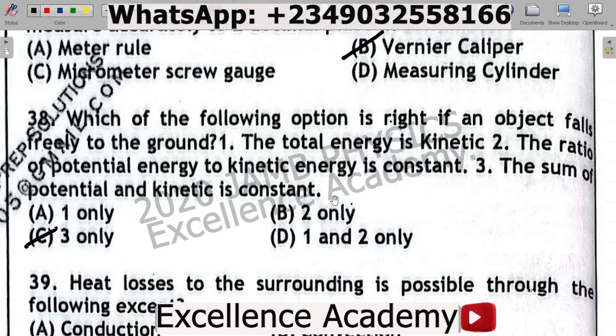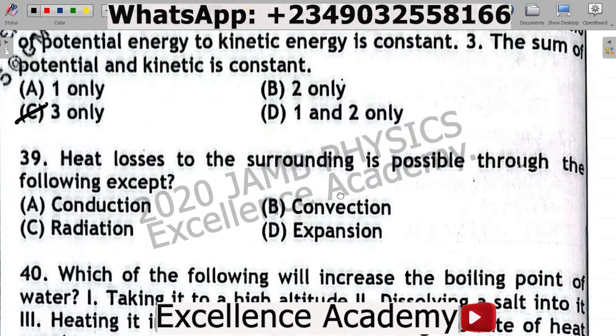Meanwhile, the kinetic energy increases as the speed increases. But if you look at it, the sum of both the potential energy and the kinetic energy is always conserved, is always constant, although it might change from potential to more kinetic or from more kinetic to more potential at some points. All right. So 3, that's C, 3 only, is the correct answer.